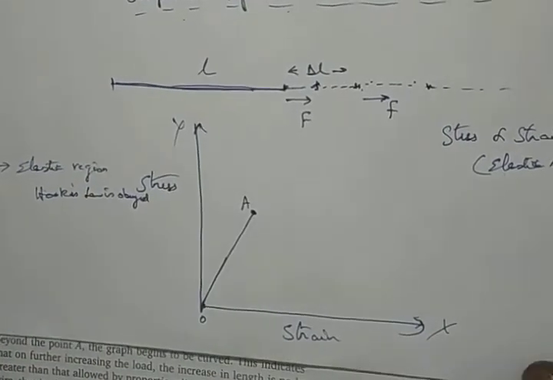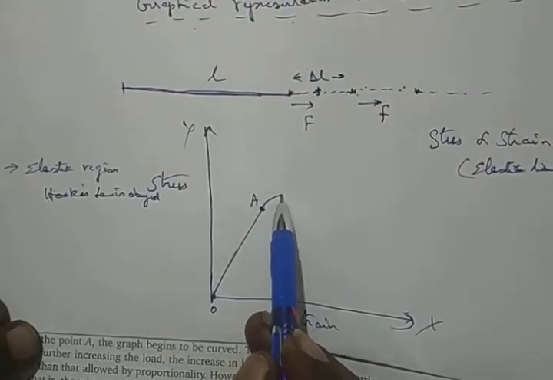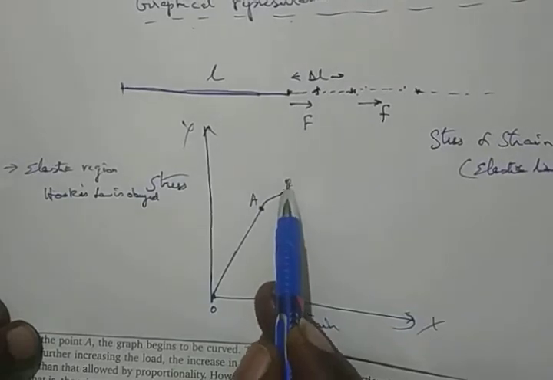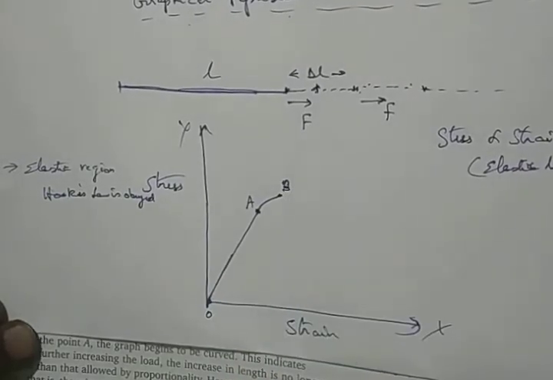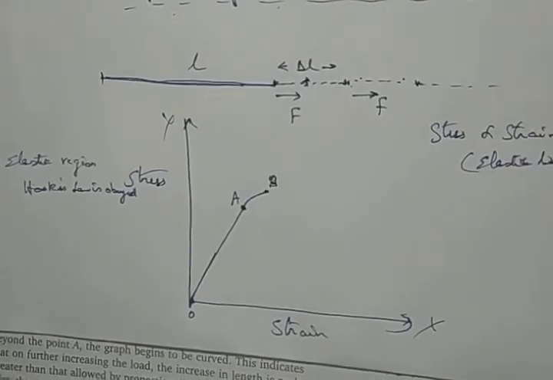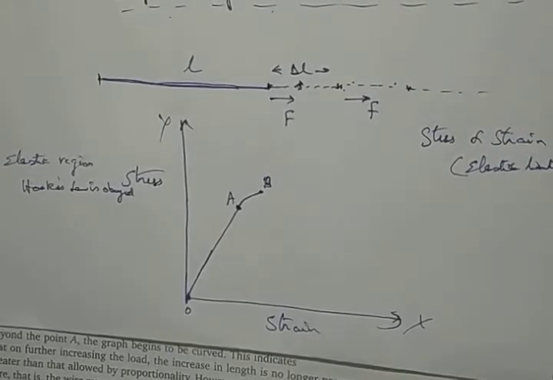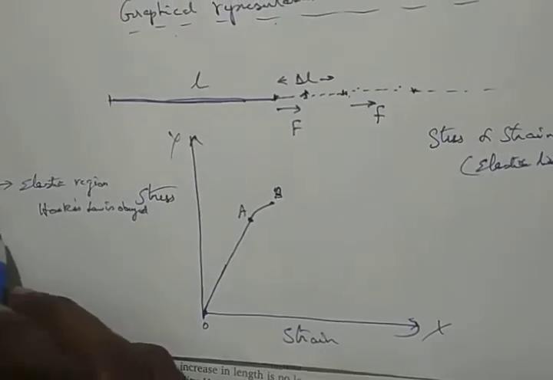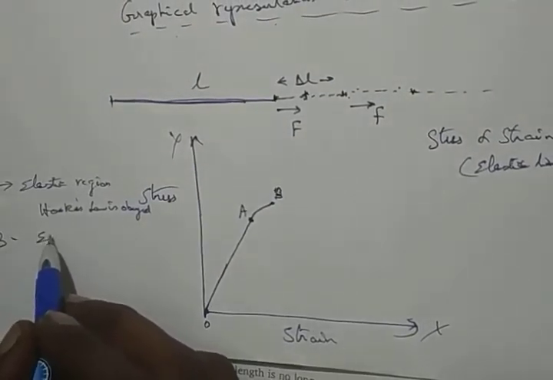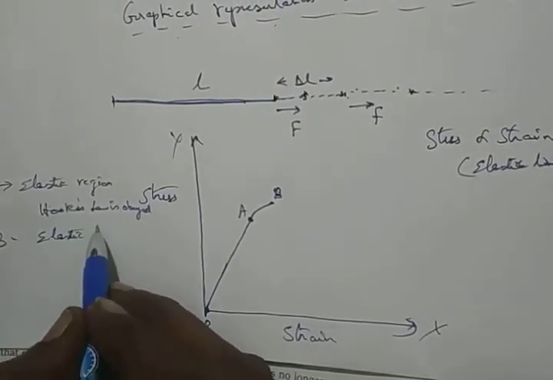The next thing is, go beyond this. It bends a little and goes till B. This point B is quite important. The point B is called the elastic limit.